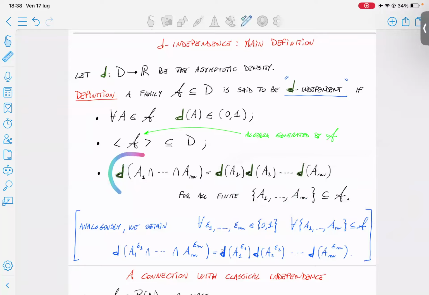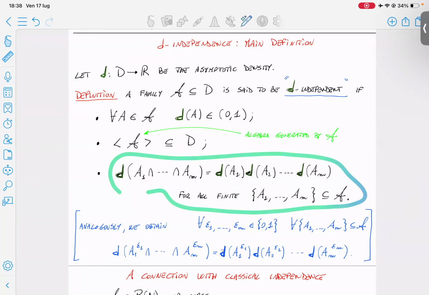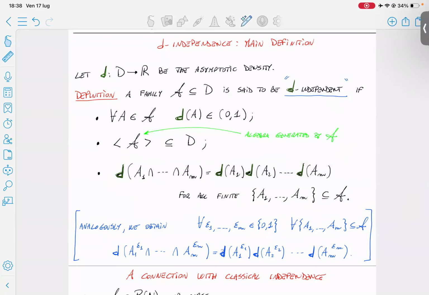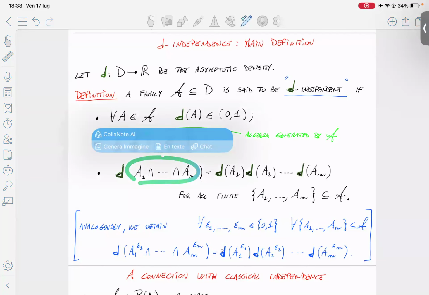Now, this condition reminds us of the definition of independence in probability. Not only does it remind us of that, but we can check directly from this definition, in just a few lines, that, analogously to what we do in probability, the same exercise proves that we can add the exponents in the way that we like.